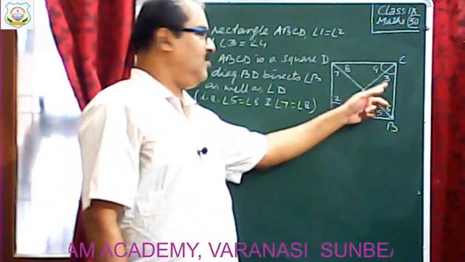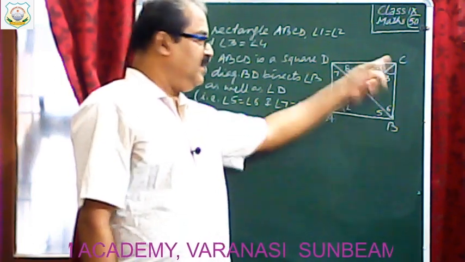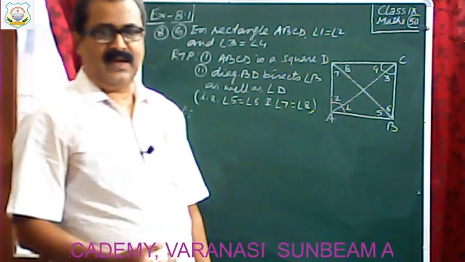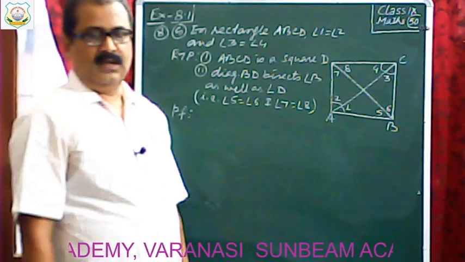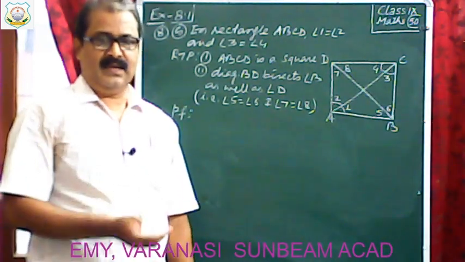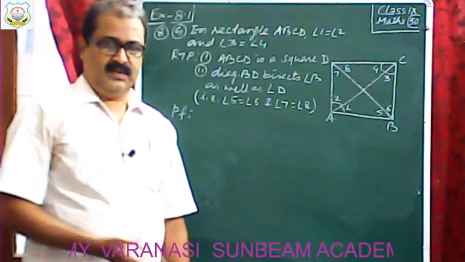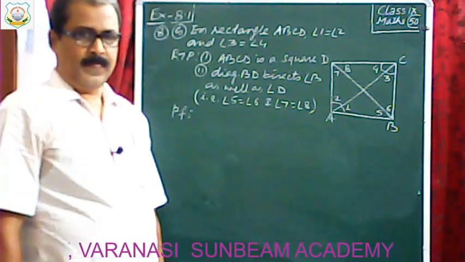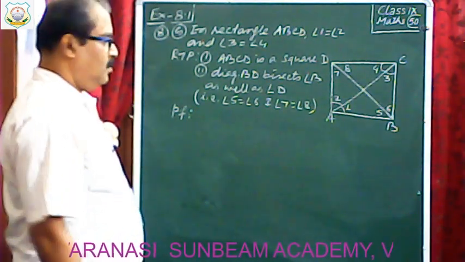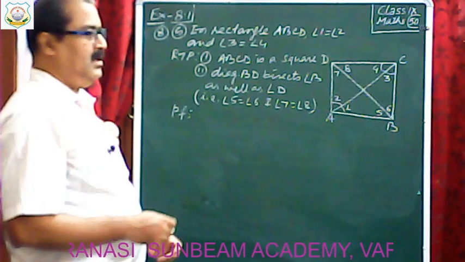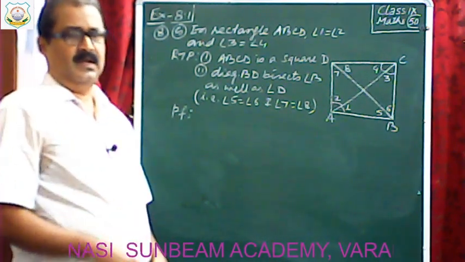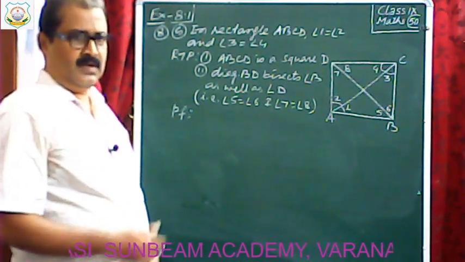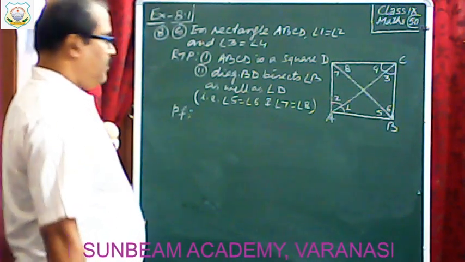Then angle 1 equals angle 3. Then in triangle ABC, two angles are equal. Then sides opposite to equal angles are equal. Then AB equals BC. In rectangle ABCD, AB equals BC. Then ABCD is a square. So either you show angle 1 equals angle 3 equals 45 degrees, or the other method I have explained.